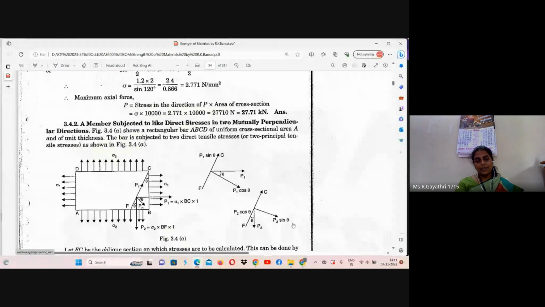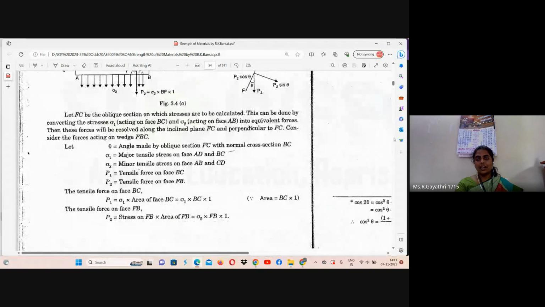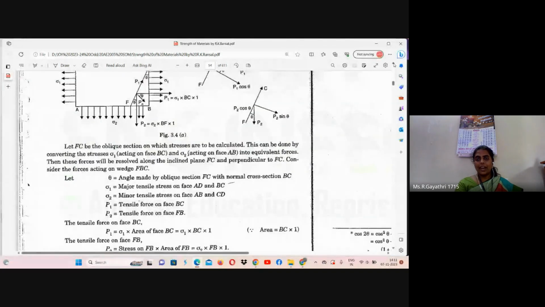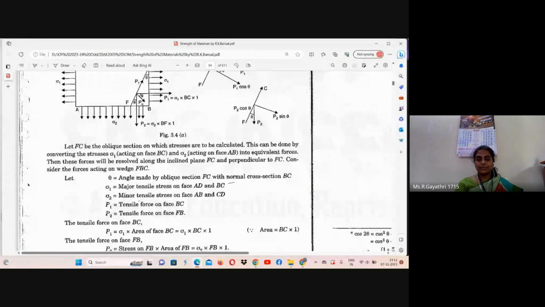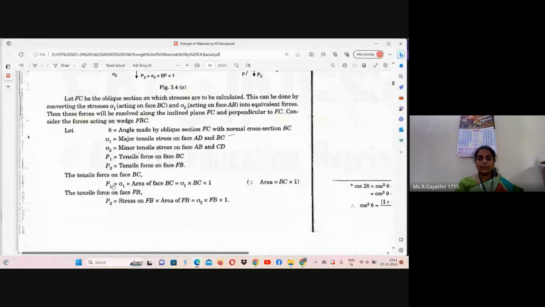Perpendicular to FC becomes P2 sin theta. Here we can see the angle between the vertical force and the inclined section. So P2 cos theta is the force along section FC, and P2 sin theta is the force component perpendicular to plane FC. Okay.